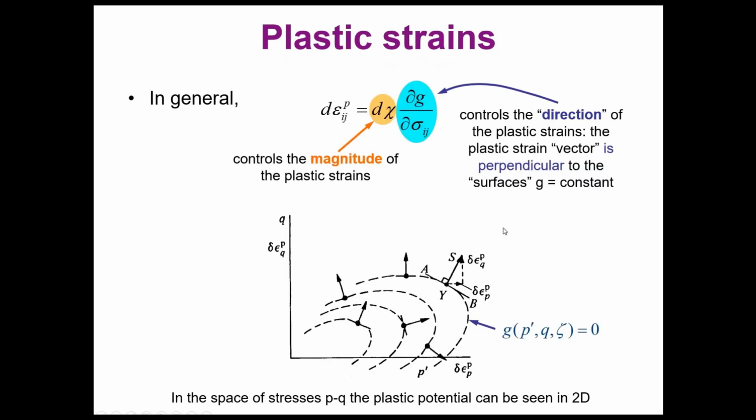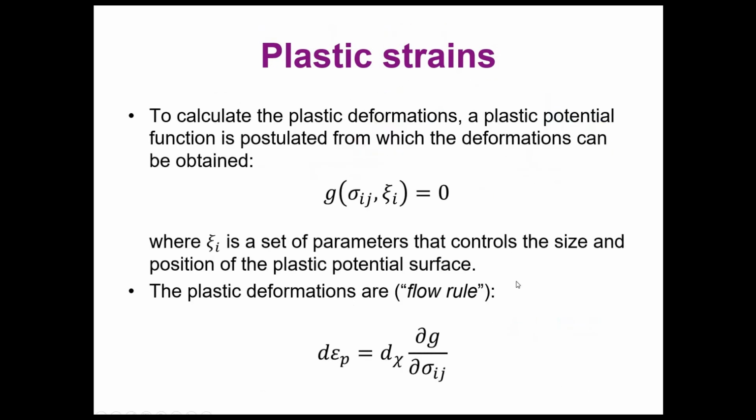Of course there are many cases where the plastic potential and the yield surface are the same. In those cases we talk about an associated plastic model. And if you have different surfaces for the yield surface and for the plastic potential, it is a non-associated model, so a more complex model.